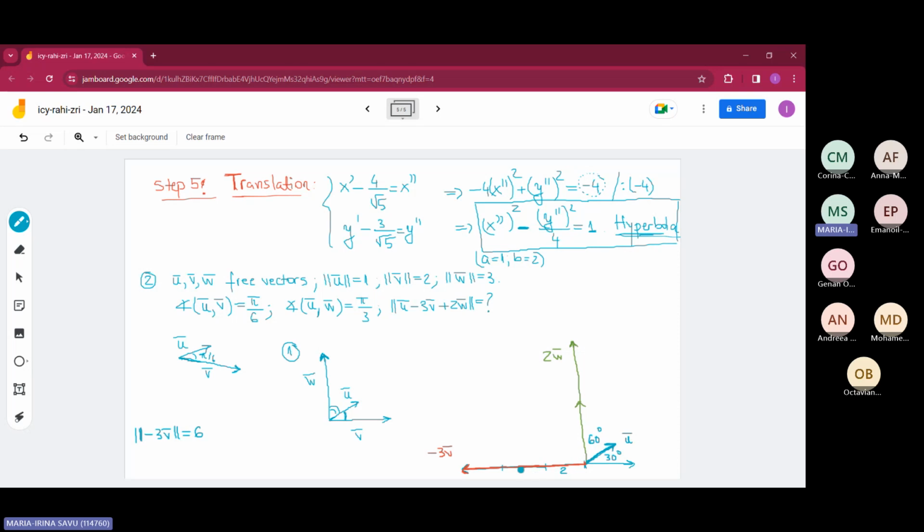Okay, this is 2, this is 2, this is 2, this is 6. And the length of 2w is 6, no, because w has 3, so 2w is... okay, this length is 3. So here you actually have a square, and this diagonal is actually the sum.